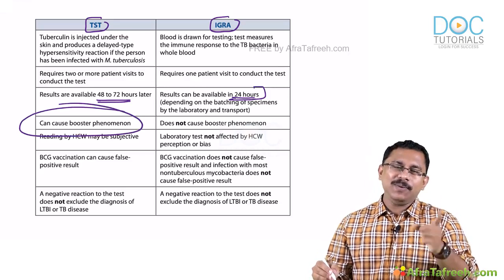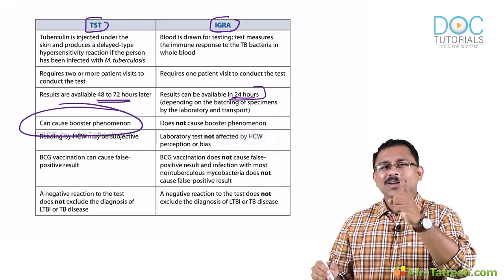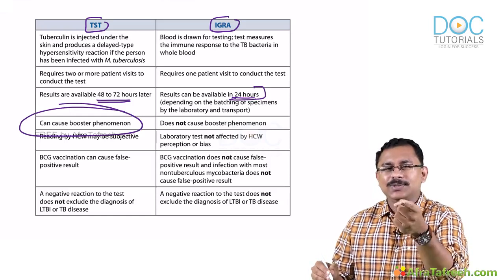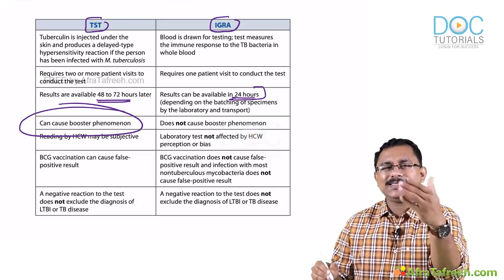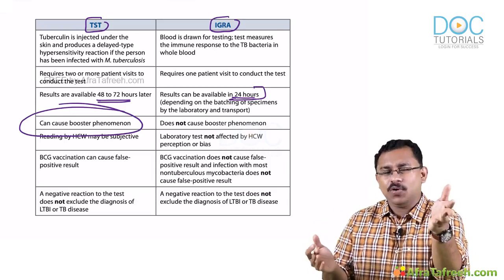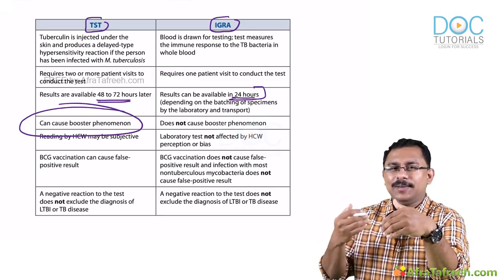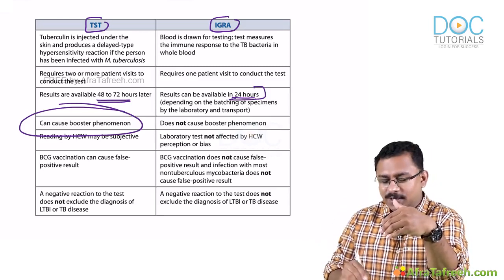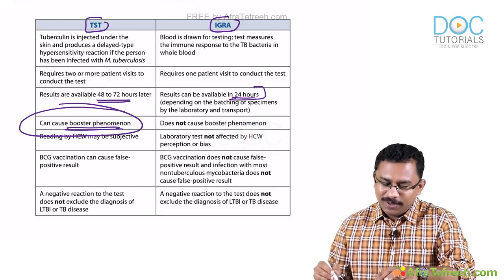If you are repeating the tuberculin test on an individual, suppose you did a tuberculin test say 5 months back and now you are repeating it, there is a chance that the induration might be more just because you are giving an additional dose of PPD. So there is a chance of an augmented response, which you call the booster phenomenon.